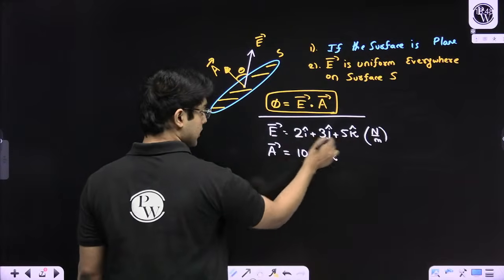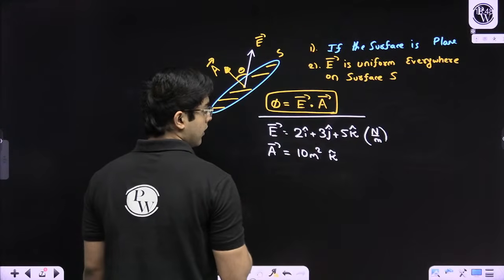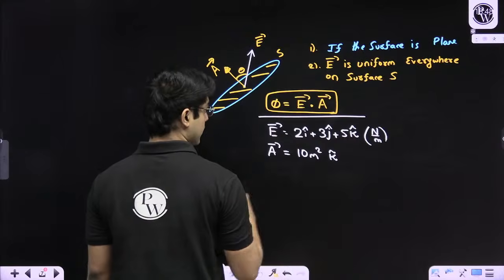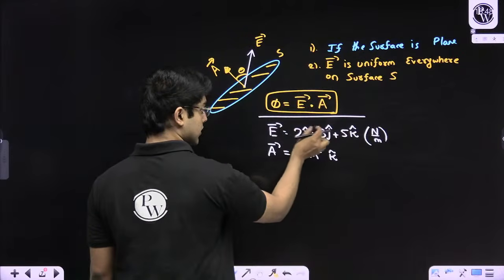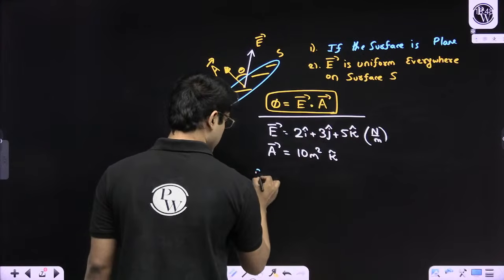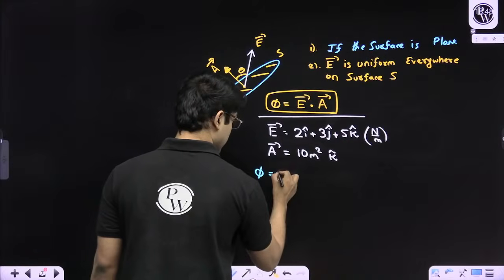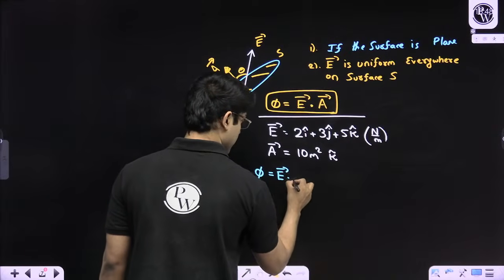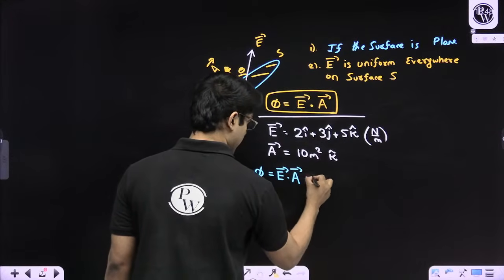The area is constant and the electric field is also a constant vector, so you can find the flux as E dot A.